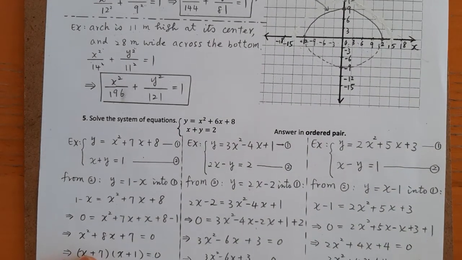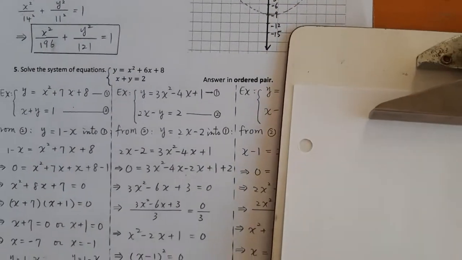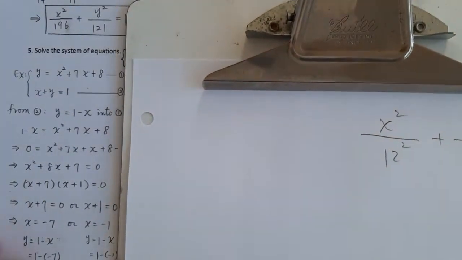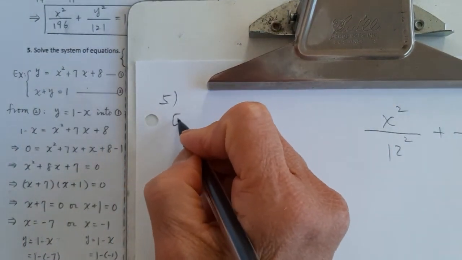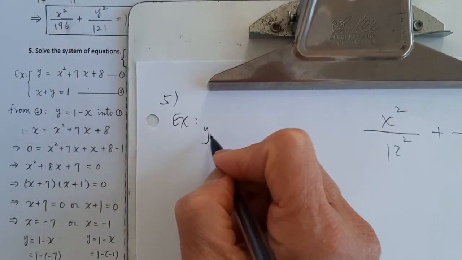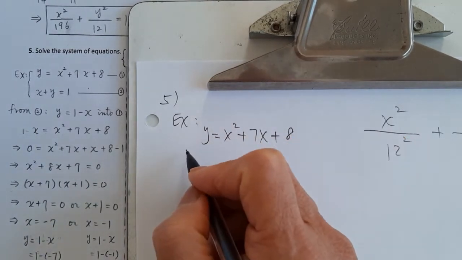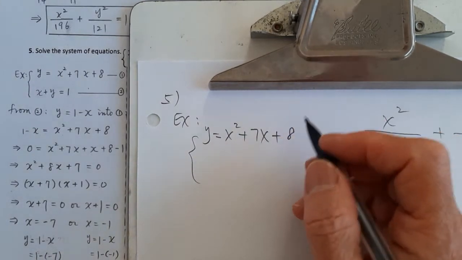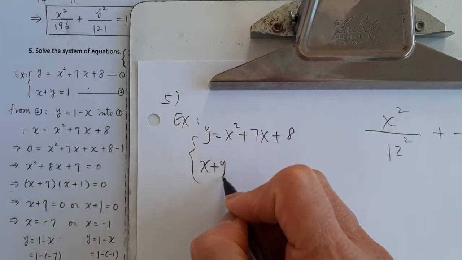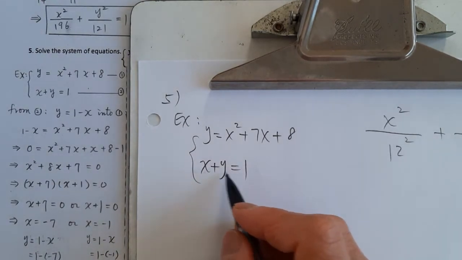And the following question is to solve it by the system. Solve the system. Question 5. Let's see, example. It's y equals x squared plus 7x plus 8. This is a quadratic, the graph is a parabola. And this is a straight line, x plus y equals 1.